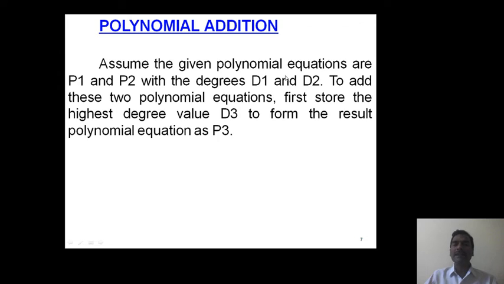Now assume the highest value as D3, and it forms the resultant polynomial equation P3. So P3 is the resultant polynomial equation with a degree value of D3.